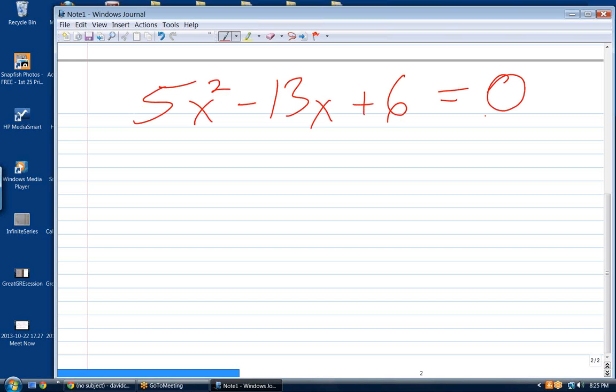Okay, to solve this equation requires us to factor this, or else use the quadratic formula. But trying to factor is probably easier than using the quadratic formula off the get-go. We only use the quadratic formula if we can't factor. Okay. So what goes here and here? 5x and x. Okay. Now what's the next step in this process?